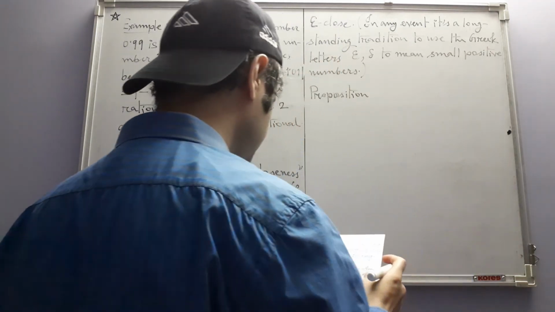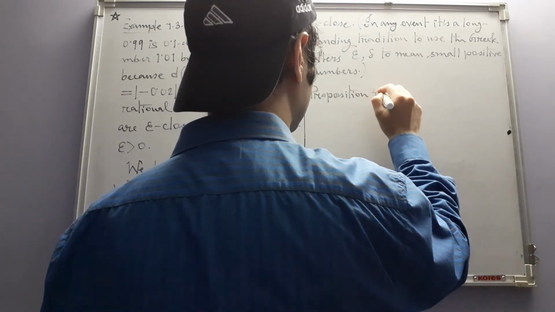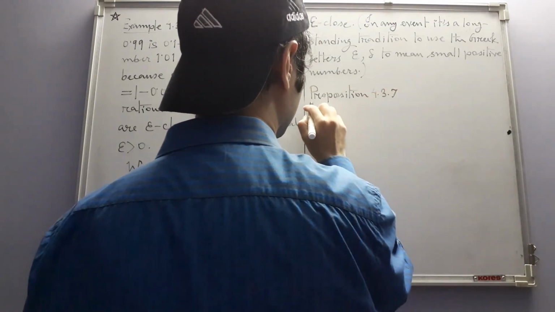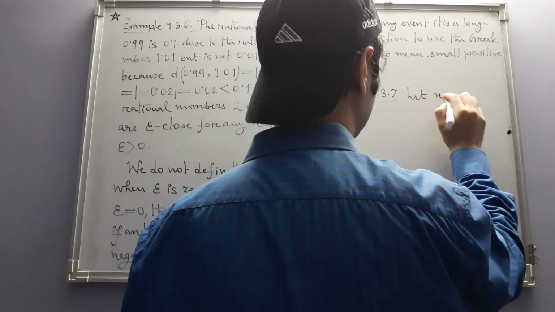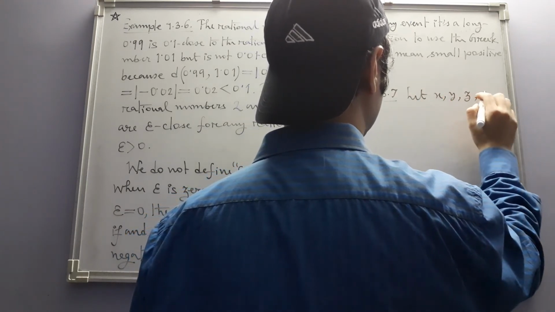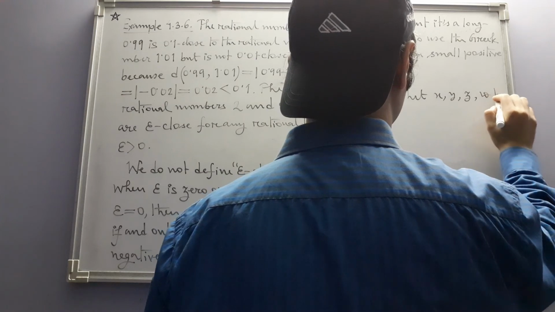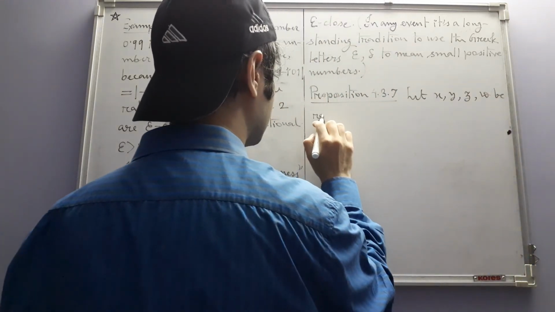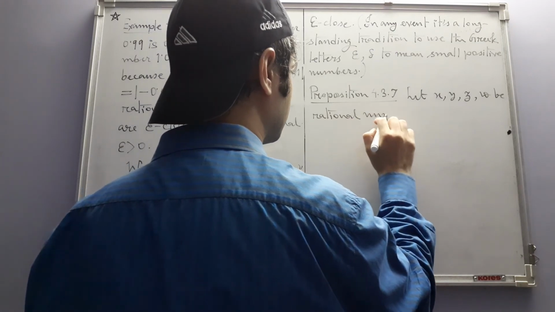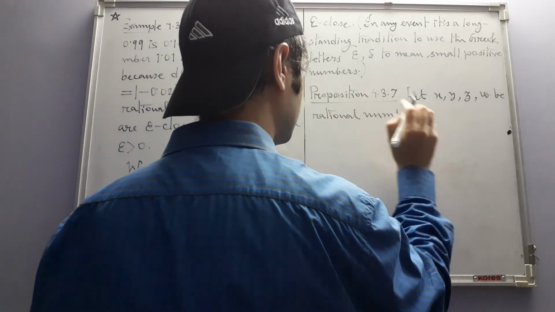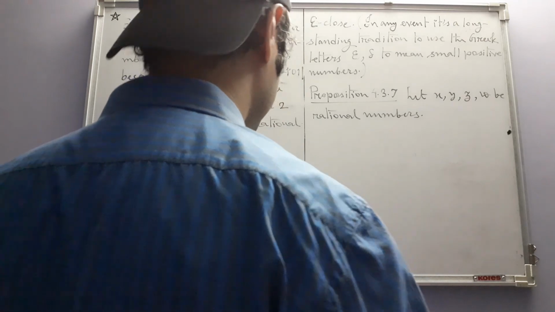So this is proposition 4.3.7. Let x, y, z and w be rational numbers.